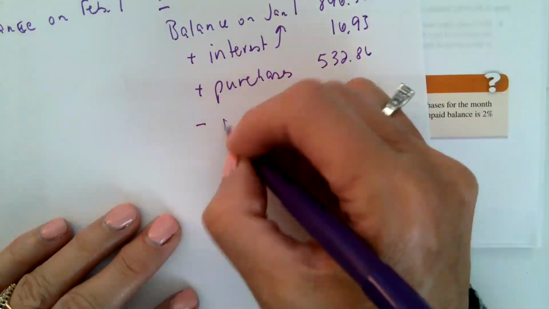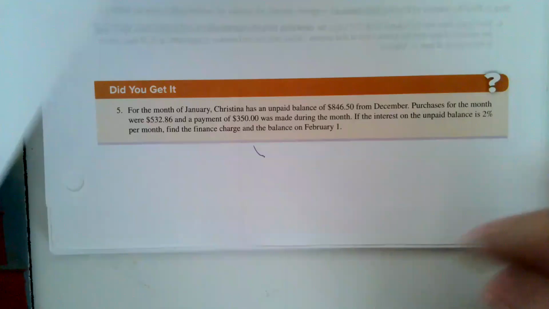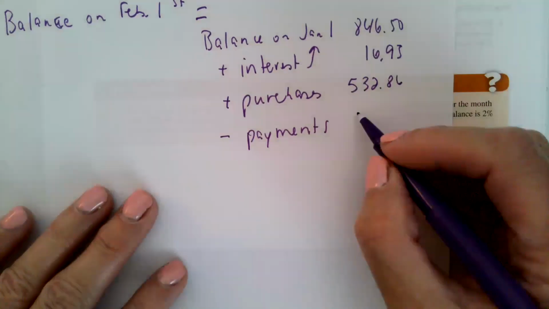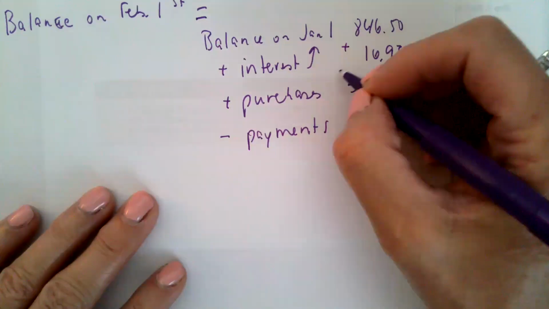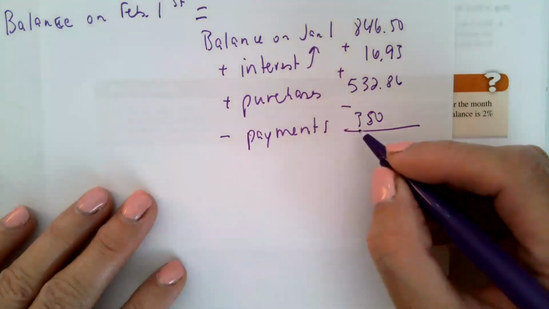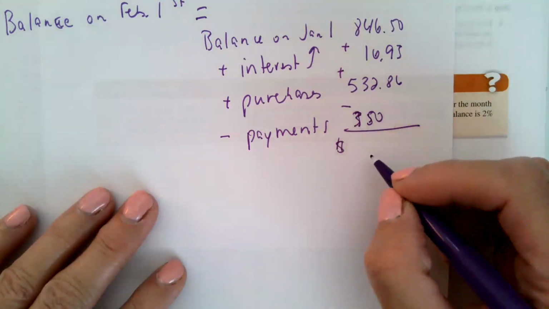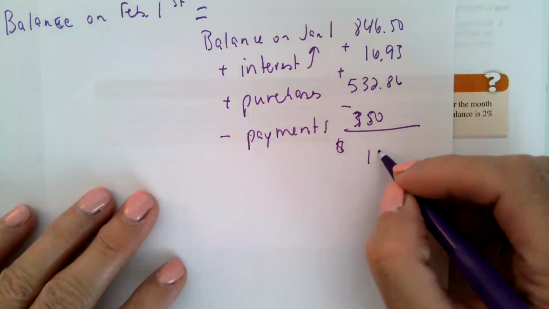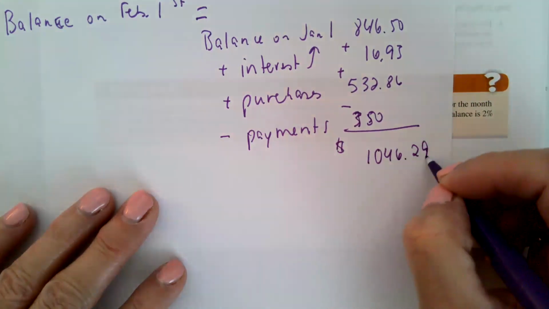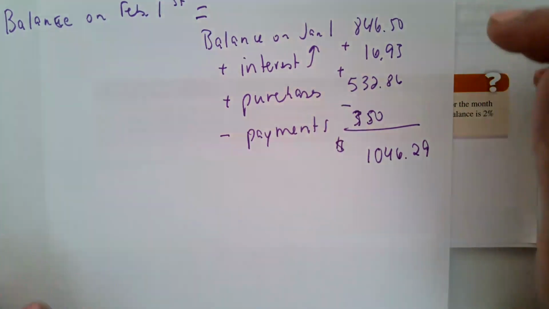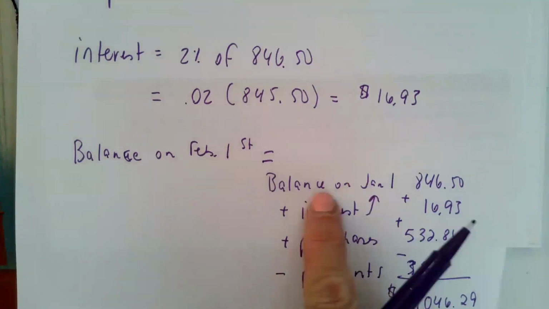And then you're going to subtract the payments. So she made payments of $350. So this would be plus, plus, and subtract. And then that comes out to be $1,046.29.